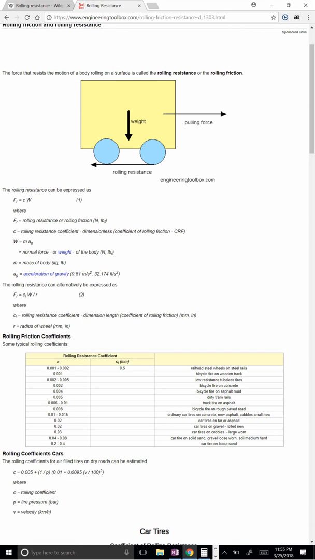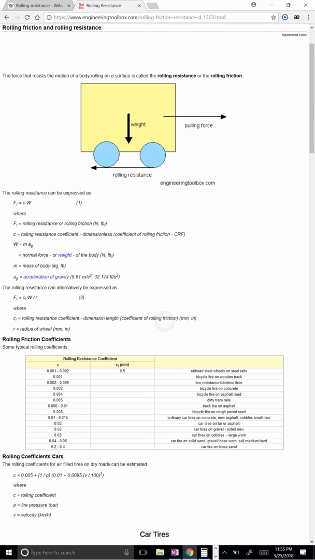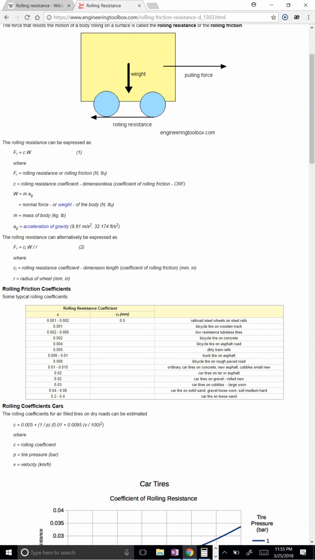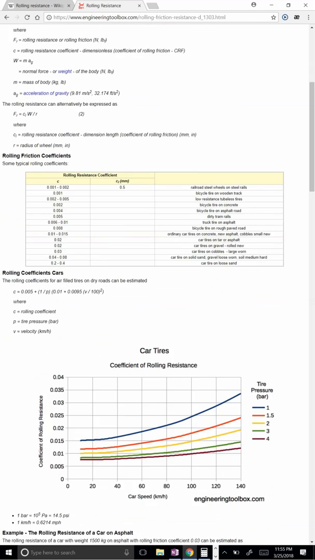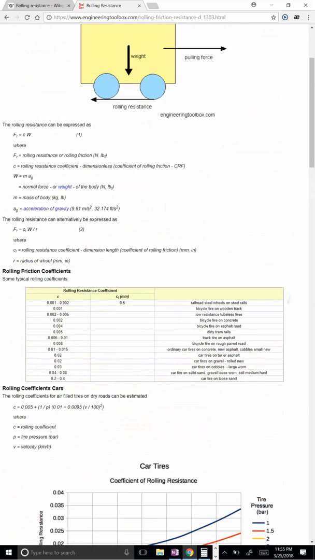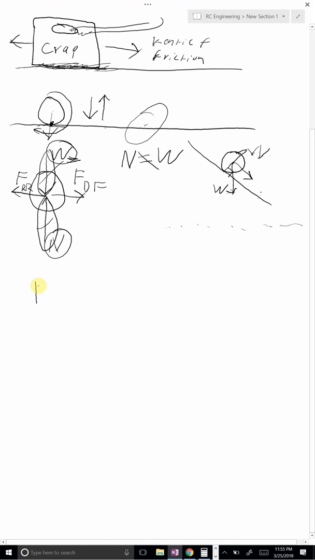But watch out when you use this equation, because this weight is not correct. It should be normal force for N. Okay, so there's the equation: F equals CR, rolling resistance, times normal force, or weight if it's flat.